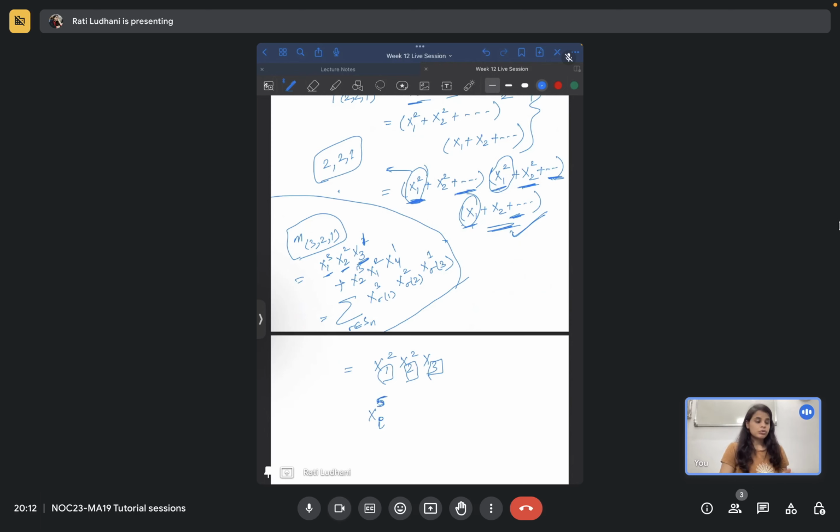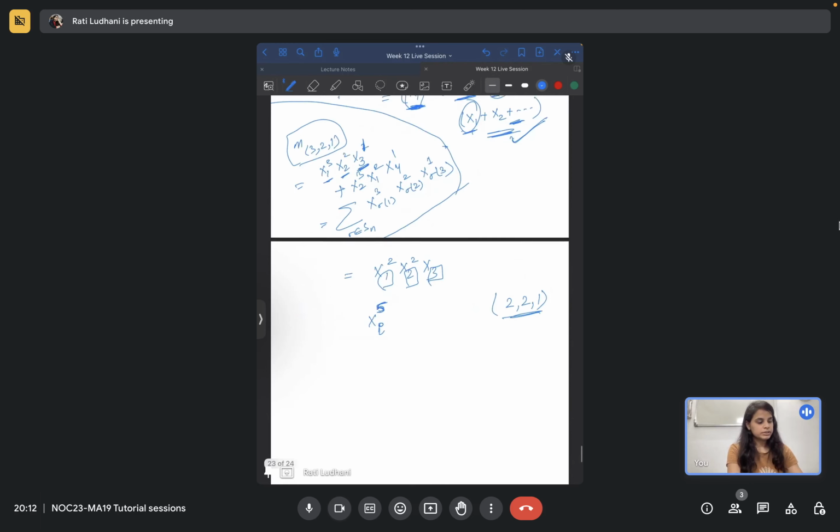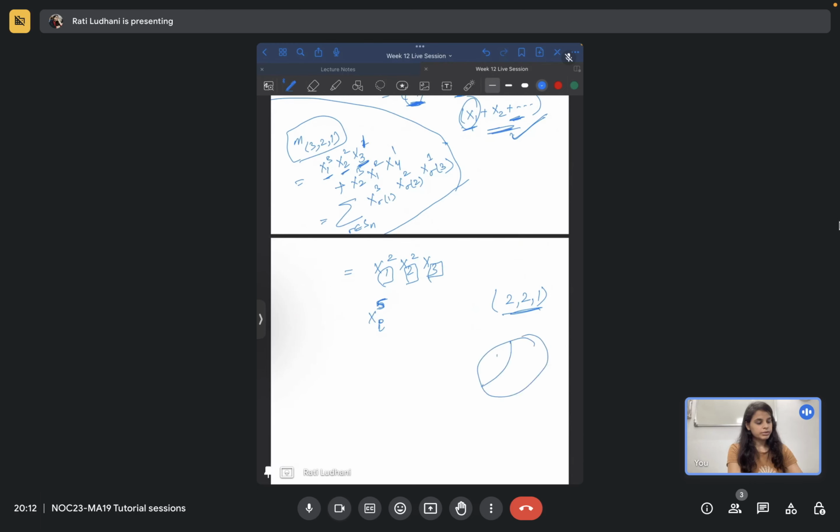So you have 2, 2, 1, but any of them can be clubbed. You have lambda 1, lambda 2, and lambda 3, which are exactly 2, 2, 1.